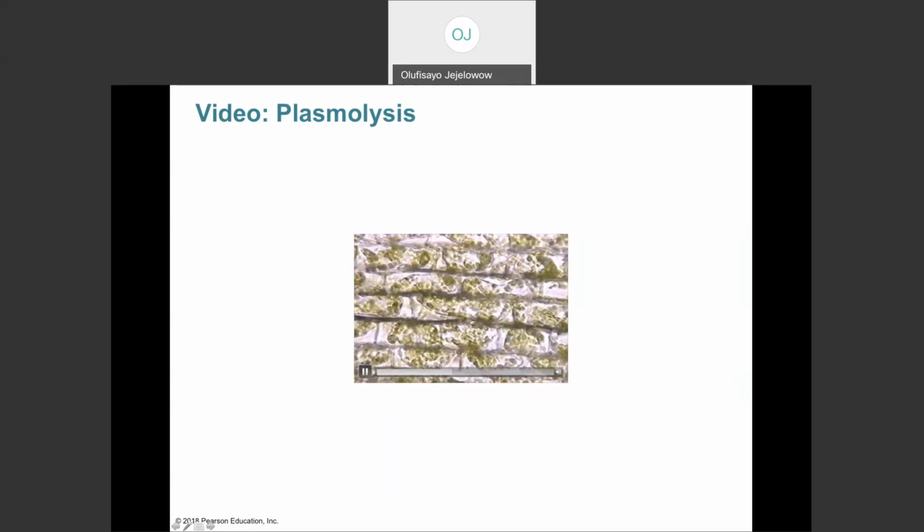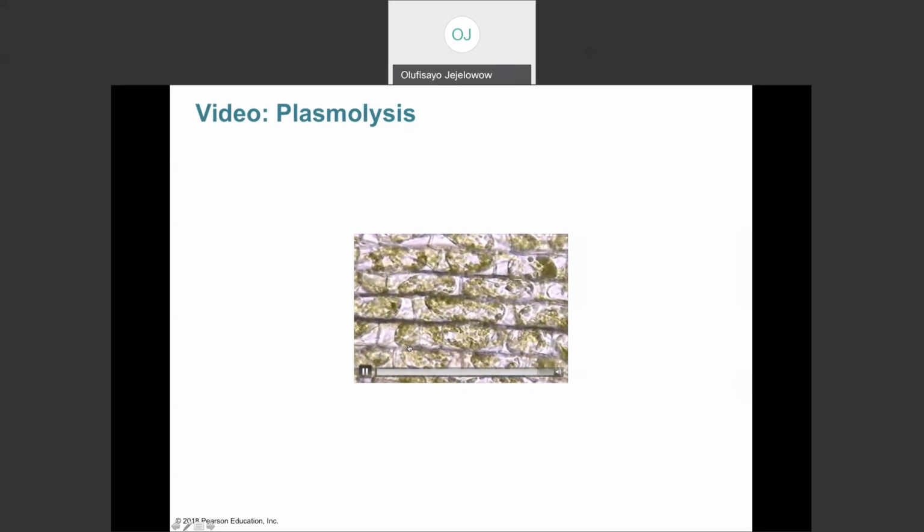You can observe it in onion cells, Elodea cells, plant cells, fungal cells, and some bacterial cells. This is where the cell wall is for this segment, but look at how the plasma membrane, the interior of the cell, and the cytoplasm have gone in this time-lapse micrograph showing plasmolysis.